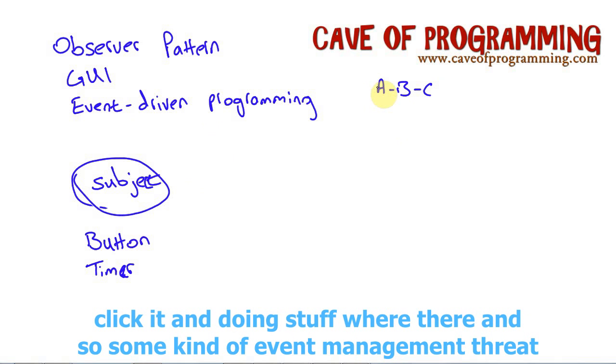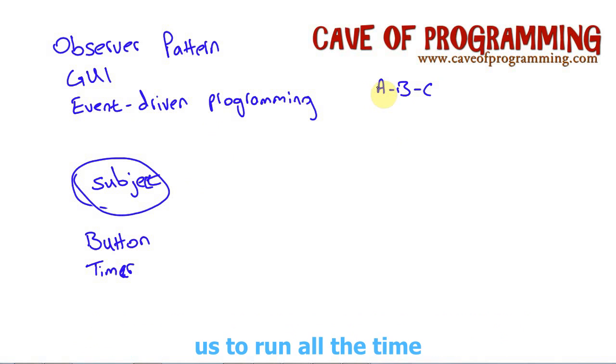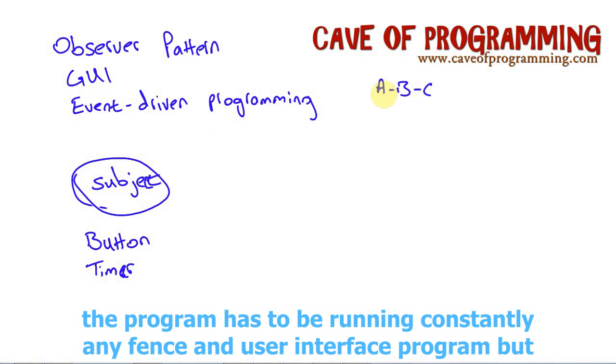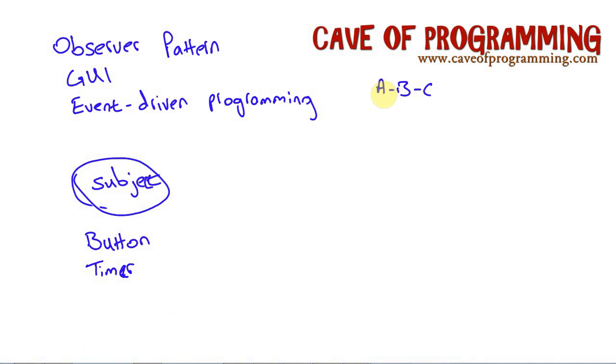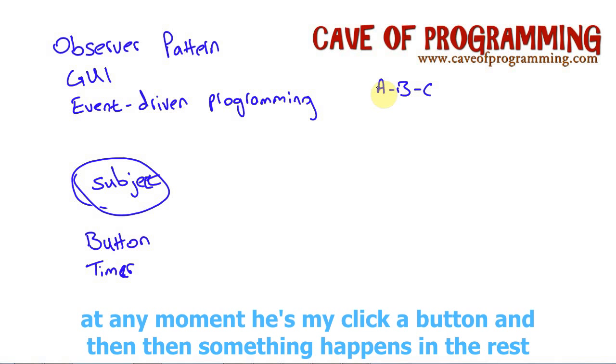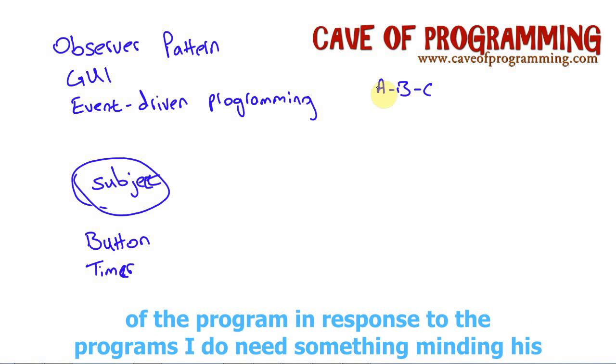And so some kind of event management thread has to run all the time. The program has to be running constantly, in effect, in a user interface program. But at any moment the user might click a button, and then something must happen somewhere in the rest of the program in response to that.